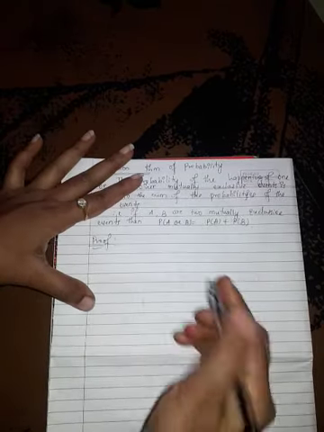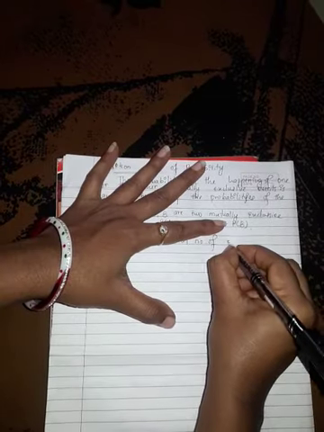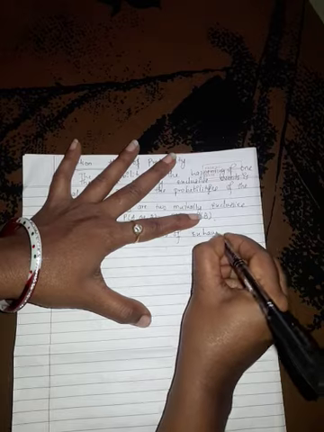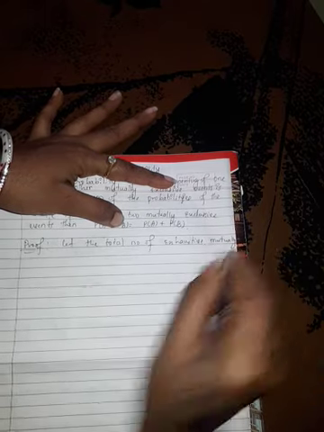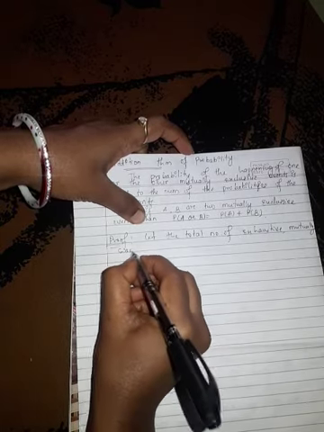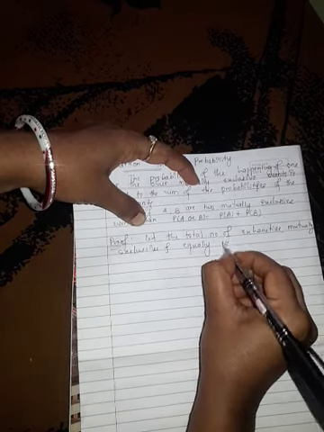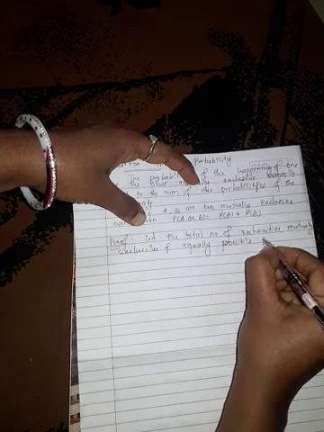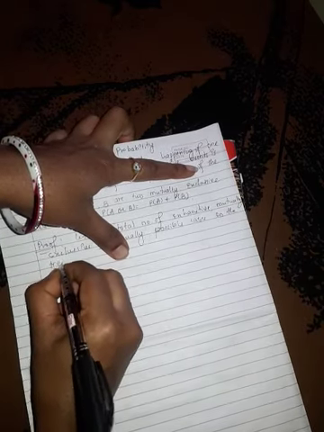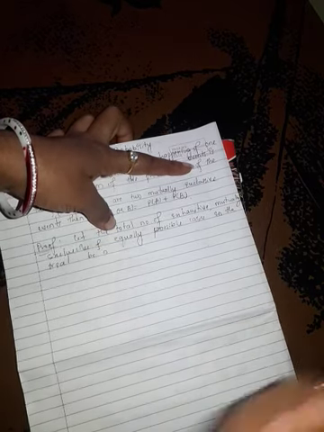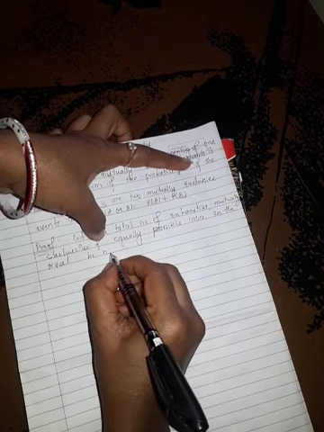So, let the total number of exhaustive, mutually exclusive and equally possible cases in the trial be n.